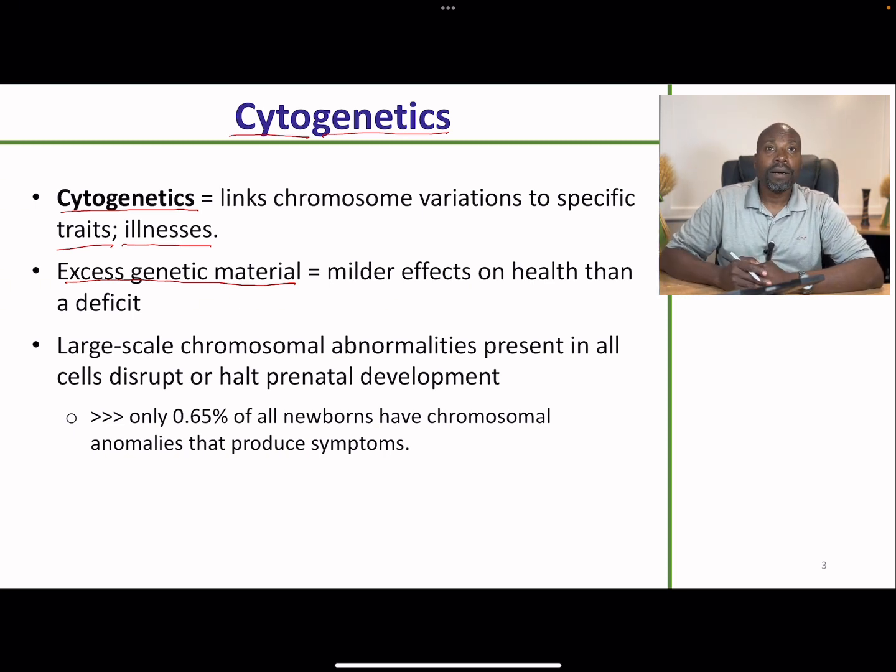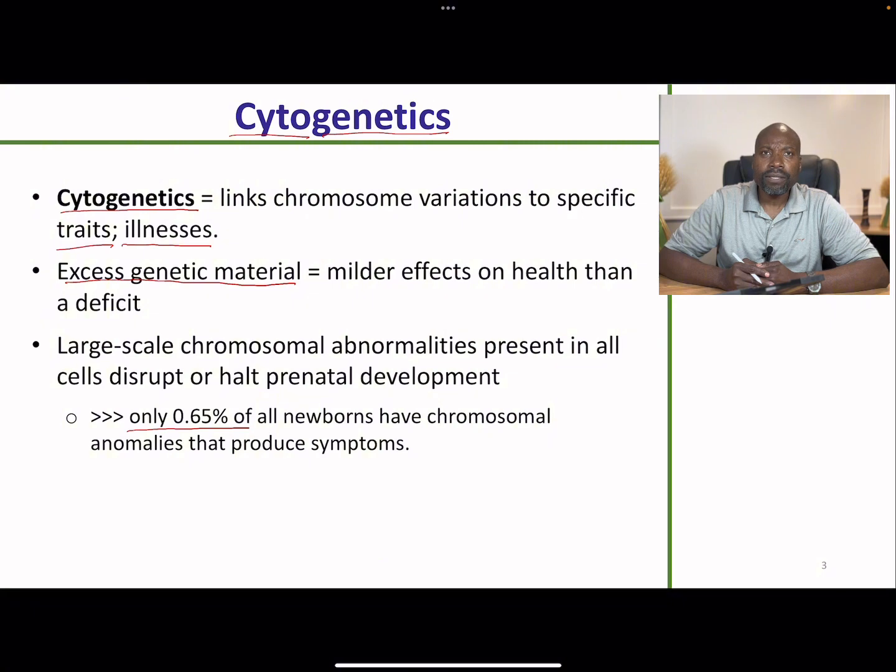In fact, most of spontaneous miscarriages are caused by either missing genetic information or rearrangement of genetic information so that the development is not happening properly. Now, believe it or not, only about 0.65% of all newborns have chromosomal abnormalities that produce symptoms. Why is that possible?